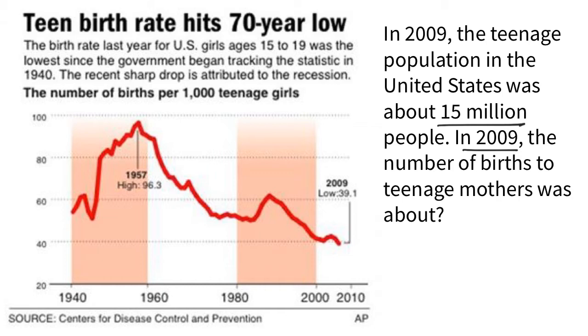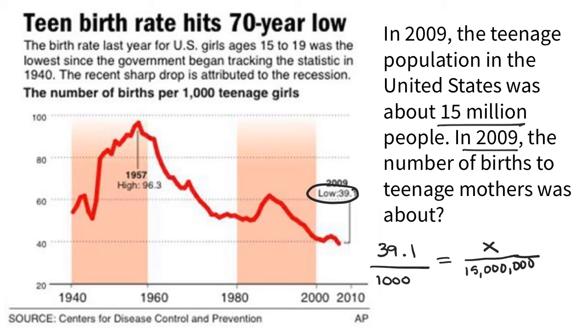So I need to look at 2009, and I see that there were 39.1 people who were pregnant as teenagers per 1,000 individuals. And I know that has to equal 15 million. And you need to make sure that you write the number 15 million all the way out. You don't just get to write 15. And I'm going to put x up here.